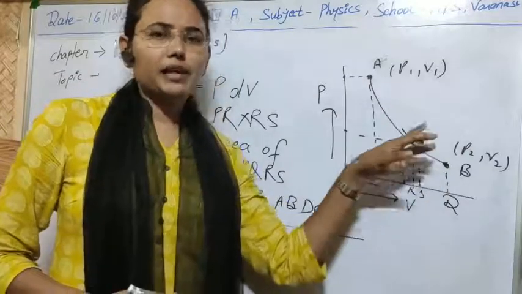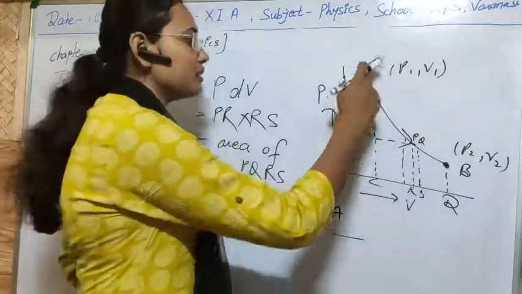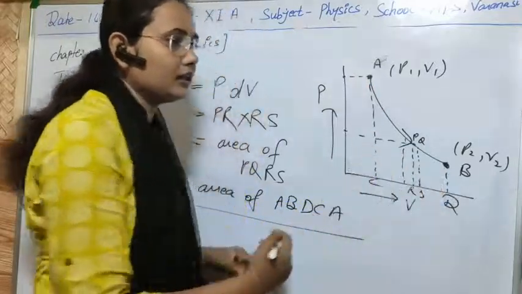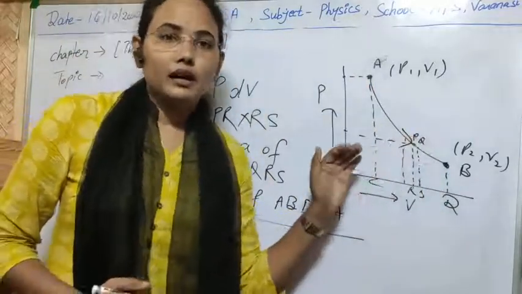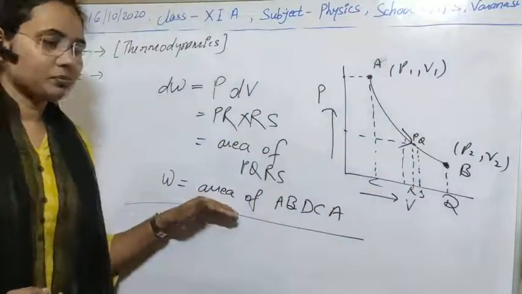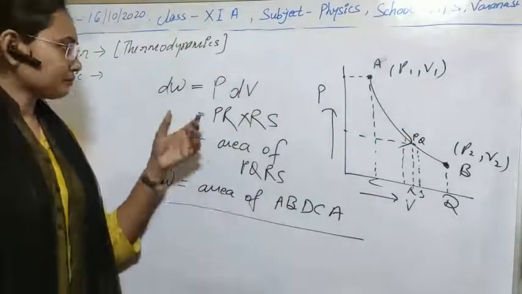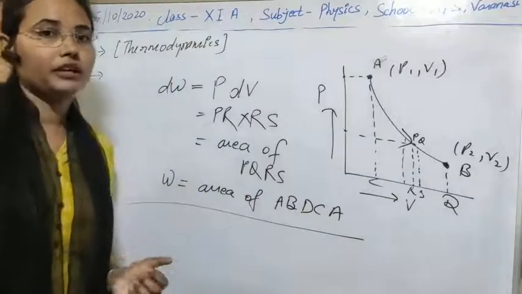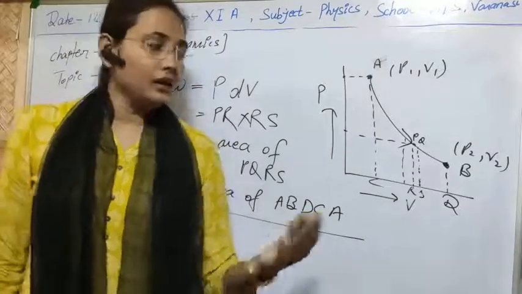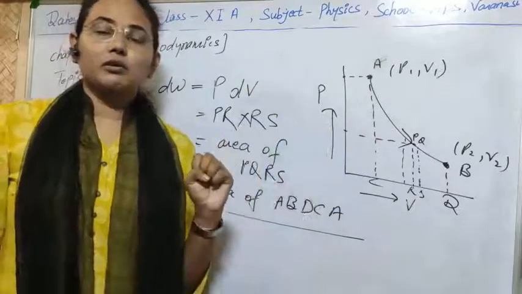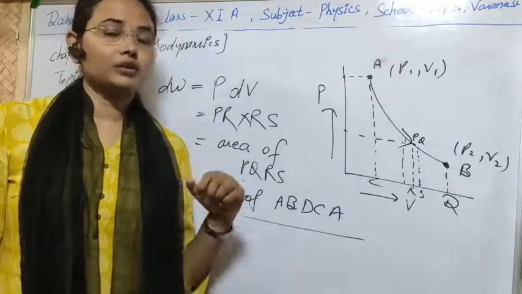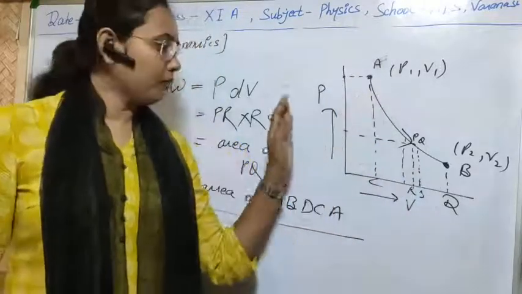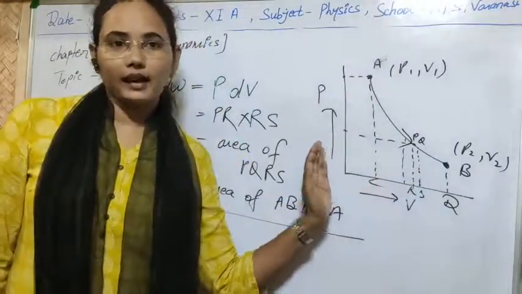This curve can be isothermal or adiabatic, and the area under this curve is simply the work done to expand or compress the gas. We can easily calculate the work done, or how much heat we have to provide to expand a gas, or how much heat we have to extract from it to compress the gas. So we can easily calculate it with the help of the PV diagram or indicator diagram.